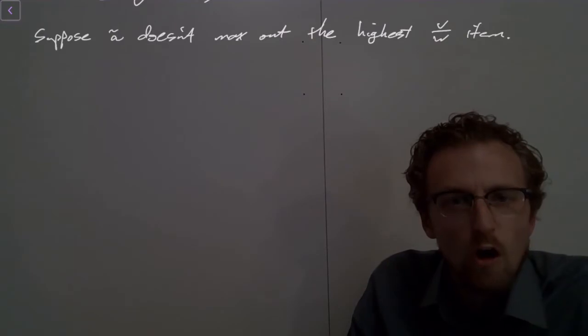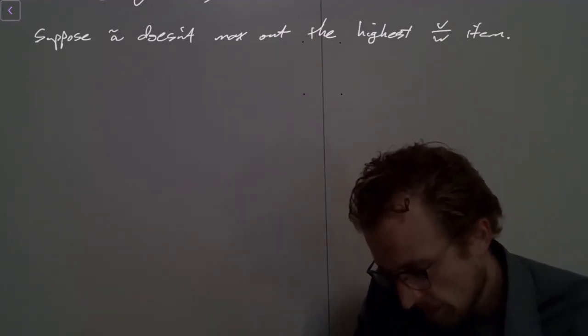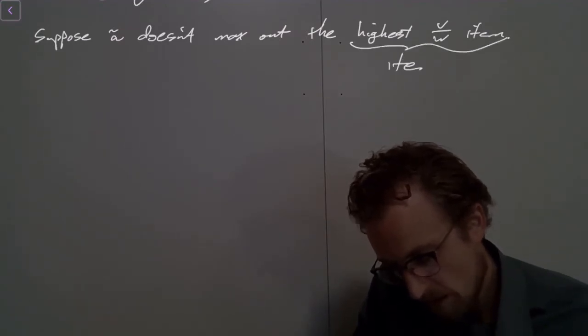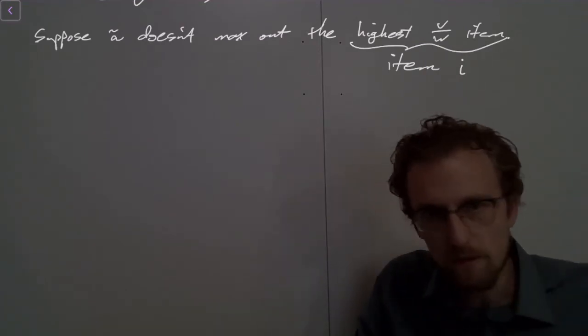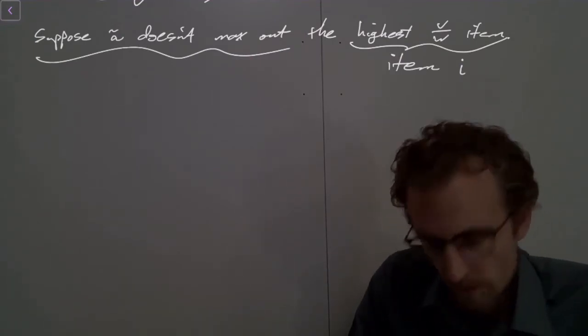Let's just call this item I, just for the sake of having something we can name it. So go search the list and find the index of the one that has the highest value per weight. All right, so let's break this into some cases.